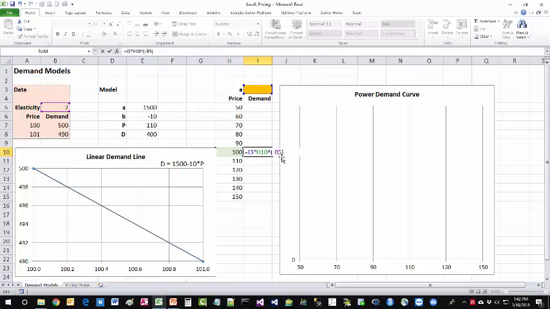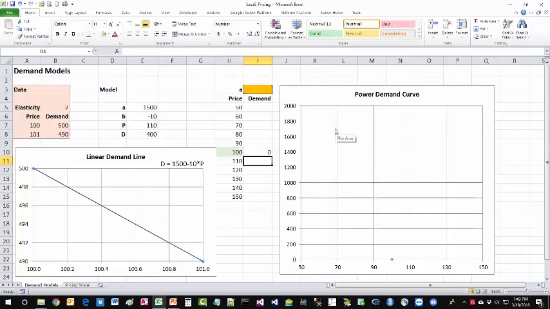We have to fix the reference to the elasticity cell as well as the reference to the A parameter. Of course, we're going to get 0 now because the baseline demand is 0.